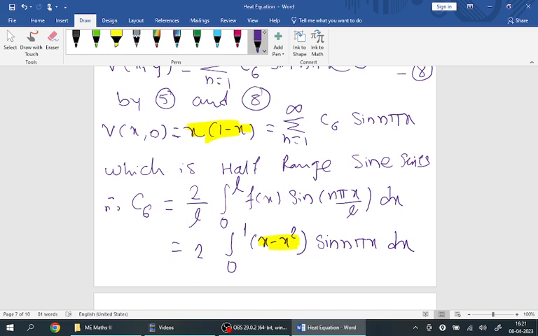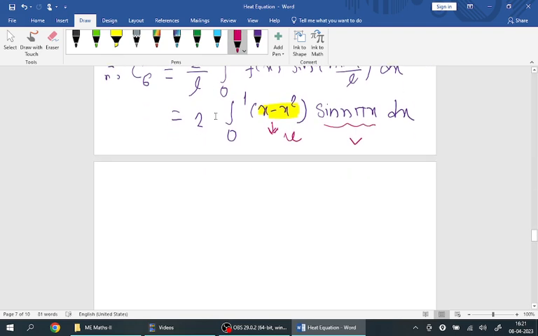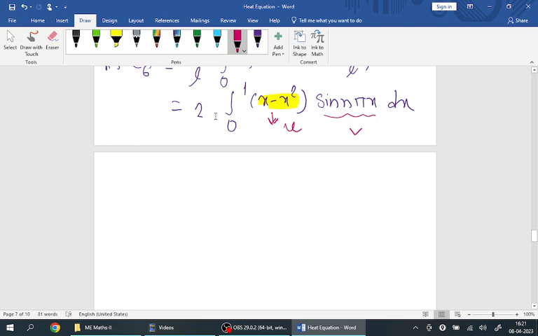Obviously, we have to use the generalized integration by parts. The first term is u, and this one is v. By generalized integration by parts, we can get the required value of C6. So C6 will be 2 as it is.